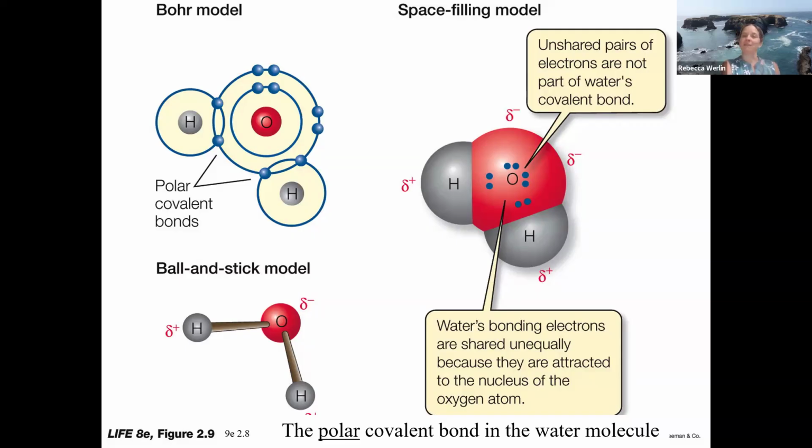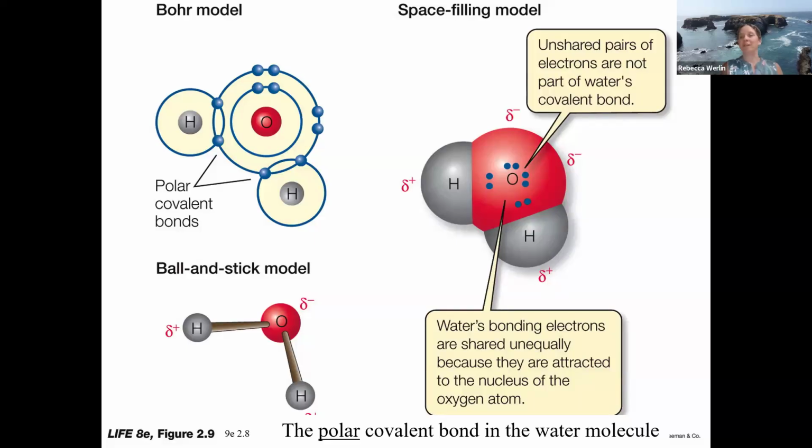So when you have something like hydrogens, which are a plus 1 nucleus, and electrons, which are minus 1, near the oxygen atom's nucleus, which is a plus 8, those negative electrons will spend more time near the oxygen atom's nucleus. Big positive charge, more attractive to negatively charged electrons.